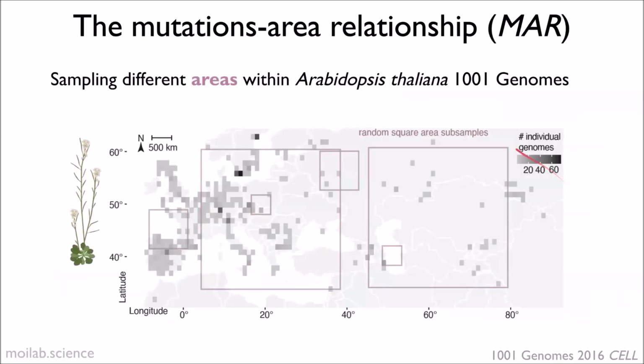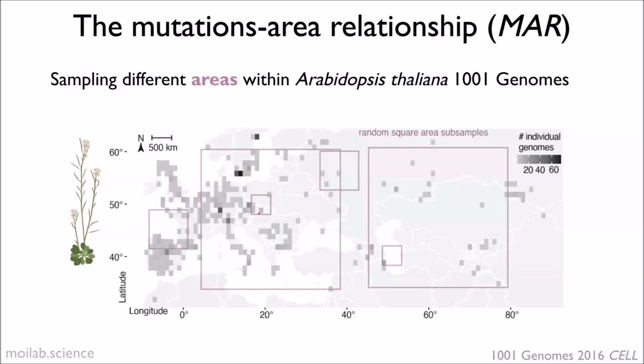So we used the Arabidopsis genomes to do, again, a thought experiment where, given the geographic distribution and genomic sampling that we have of the 1,001 genomes, where each of these boxes is a population sample in Eurasia, we could draw boxes of different sizes and then ask the question, what is the genetic diversity within each of these boxes?